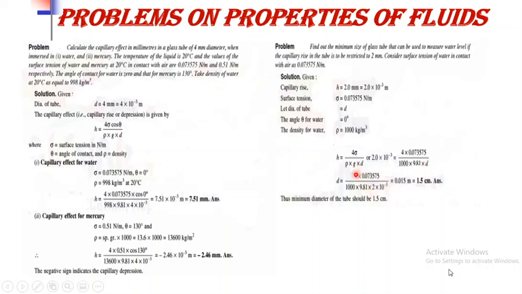By rearranging the terms and calculating the value of D, the answer is 0.015 meter, and in centimeter it is 1.5 centimeter, means the minimum diameter of tube or size of this tube should be 1.5 centimeter.